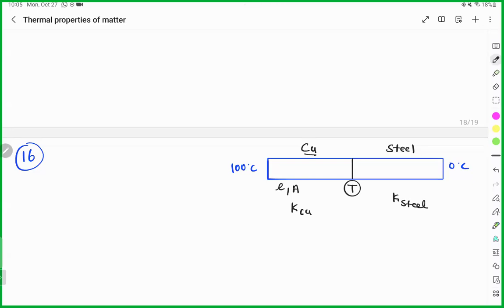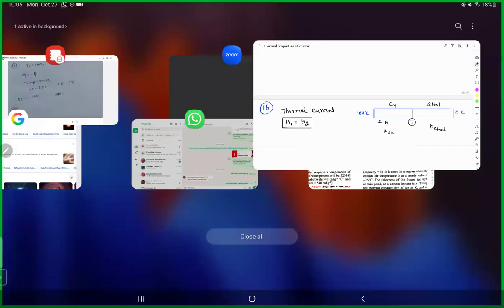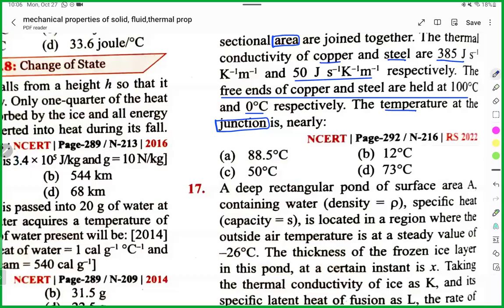Okay. You know thermal current or rate of heat transfer, or thermal current, is the same thing. In both situations it will be the same. You have exactly the same area, same length, then their thermal current will also be the same. You can read this question again. Why?